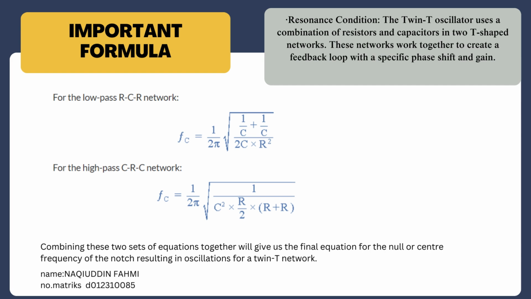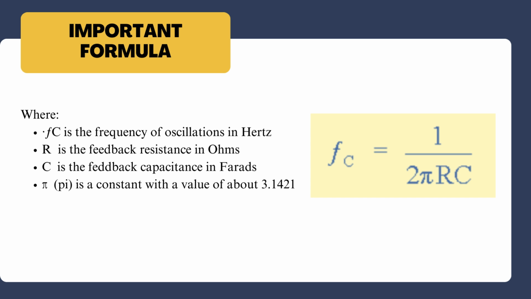Again, C is a capacitor and R is a resistor. This network allows high frequency signals to pass while attenuating lower frequencies. Combining these two sets of equations gives us the final equation for the null or center frequency of the notch, resulting in oscillation for the twin-T network. This is critical to achieving performance in applications such as signal generators, audio equipment, and various other electronic devices.